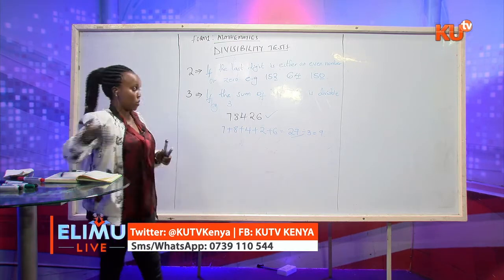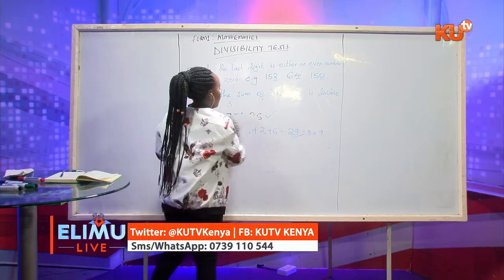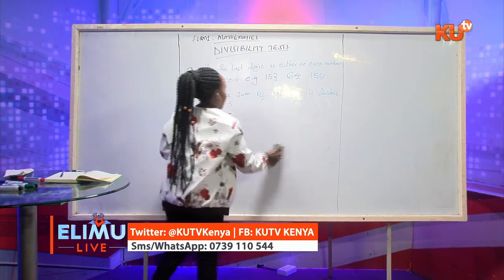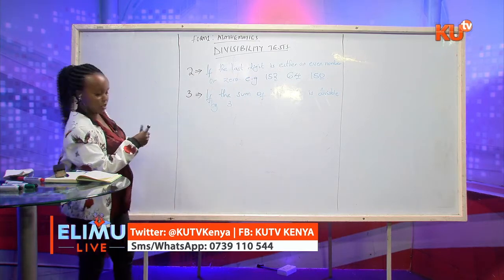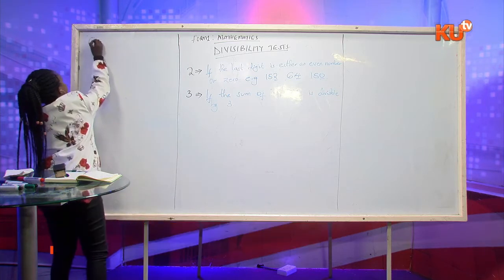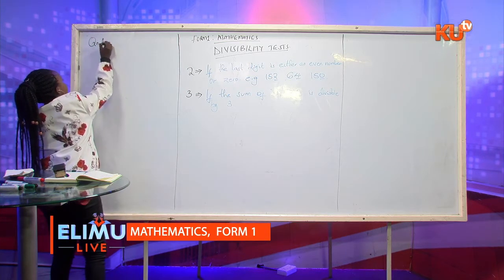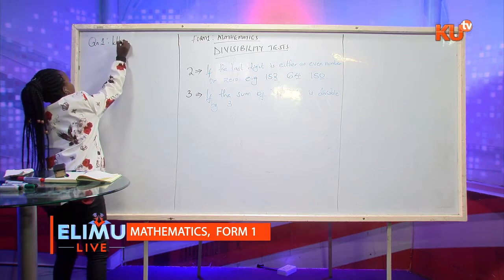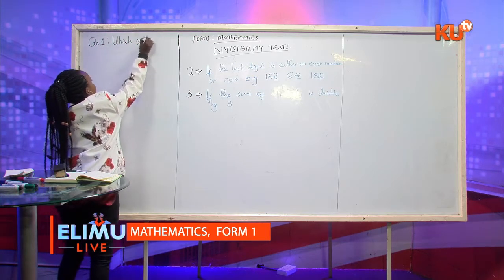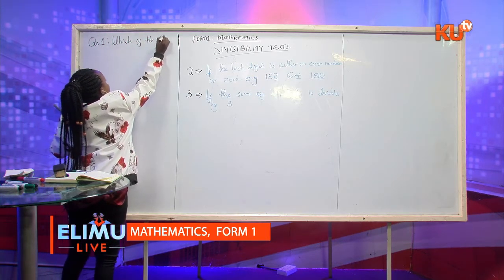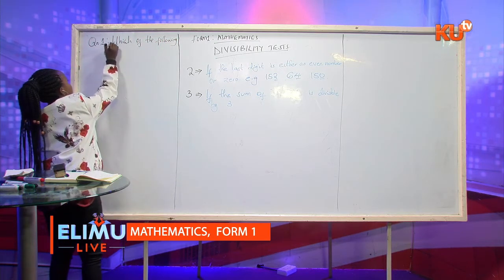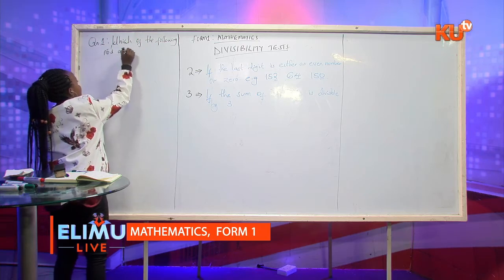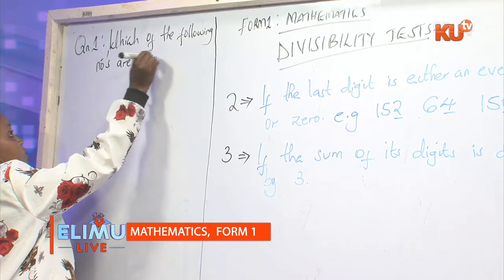So you can be given a question like, which one of the following numbers are divisible by 3? Let's call this question 1. Which of the following numbers are divisible by 3?